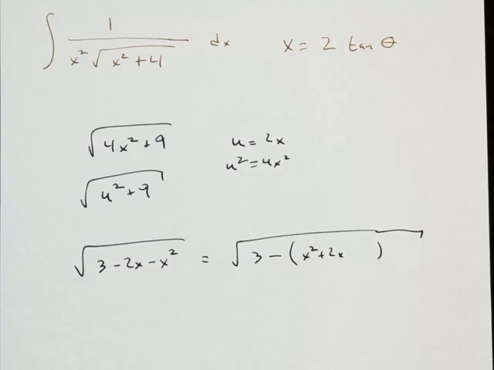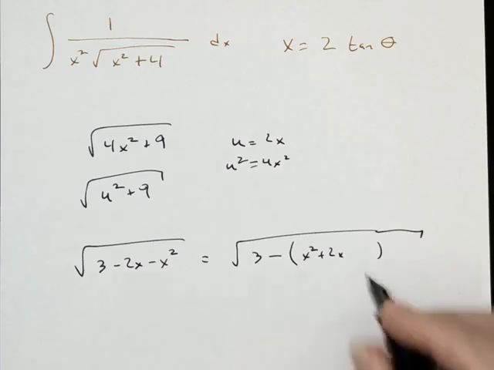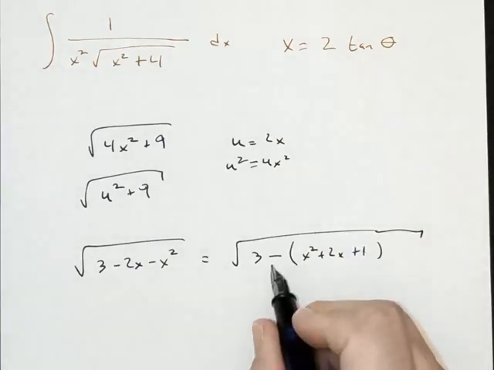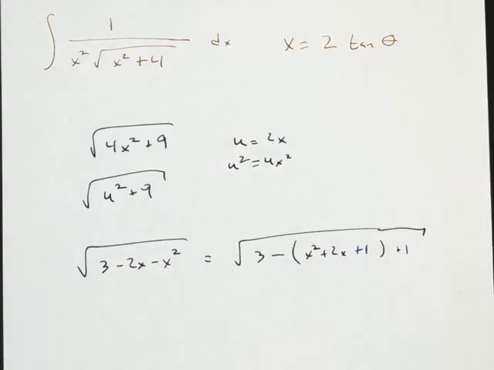What would make that a perfect square inside? So I add 1 here, but if I add 1, really with this minus sign outside, that's really subtracting 1, right? So I need to add another 1 on the outside.